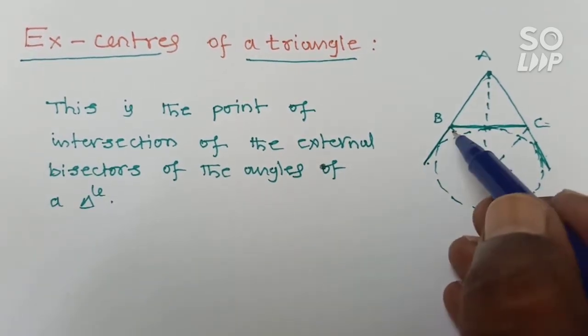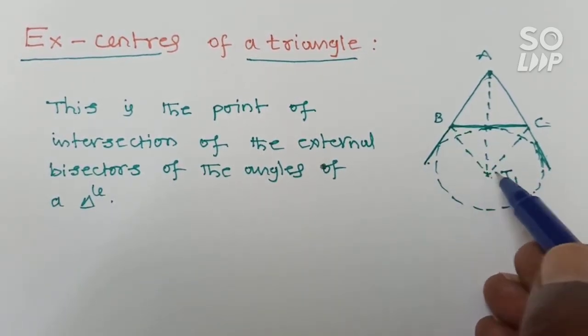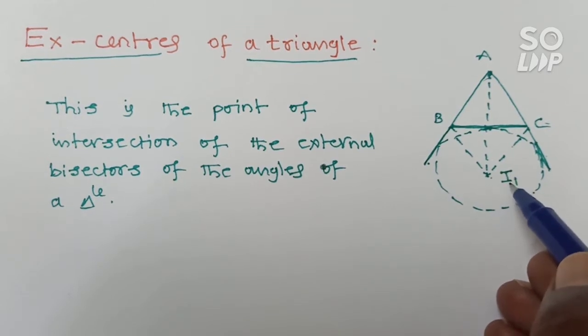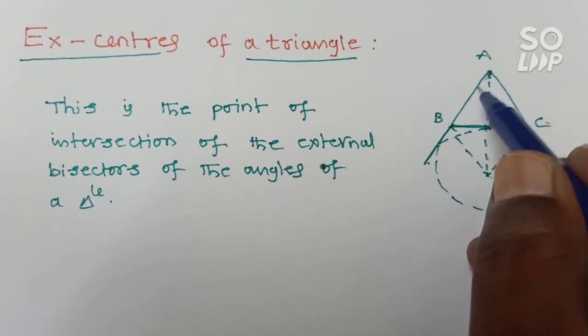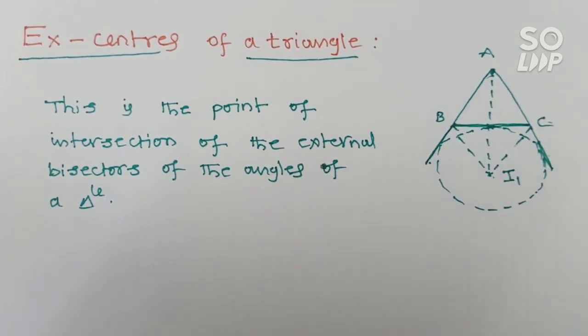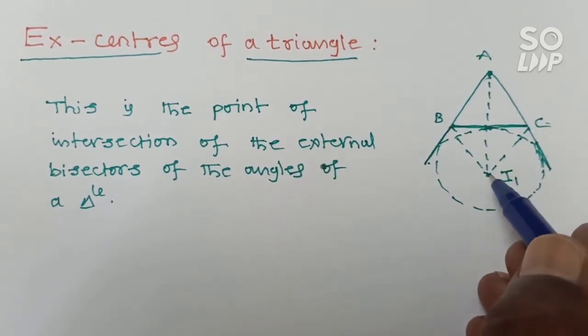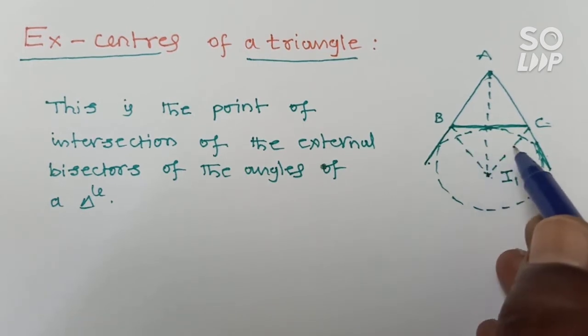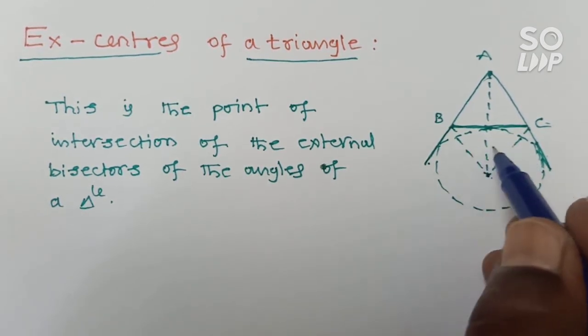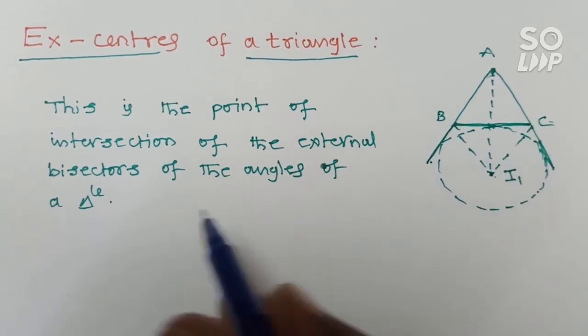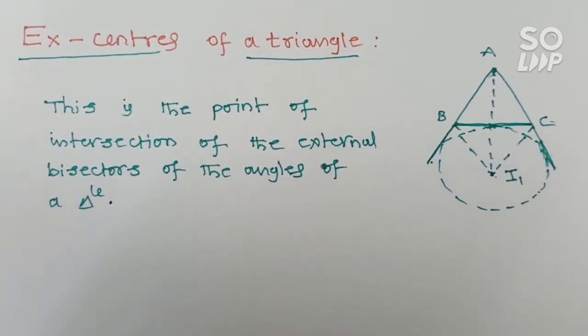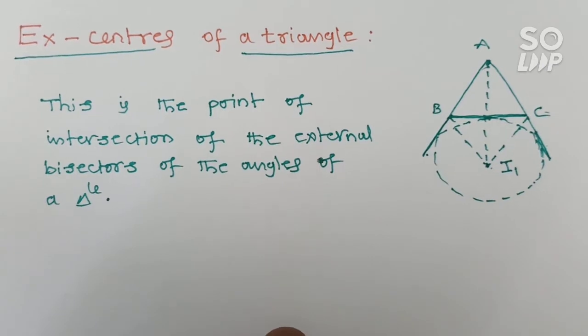In this figure, I1 is the excenter of the triangle opposite to the vertex A. It is the point of intersection of the external bisectors of angle B and angle C. So this is the general concept.